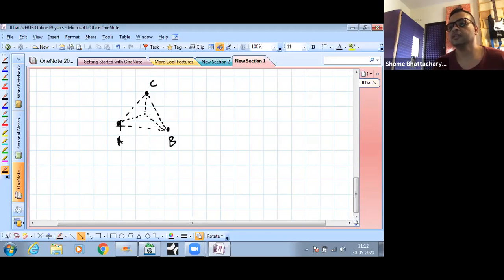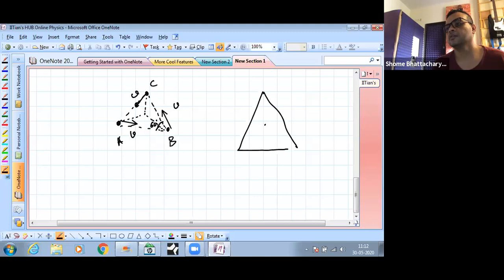Always A's velocity vector is towards B, B's velocity vector is towards C, such that this angle is always 60 degrees. C is towards A. And also, if you look at any one particle, its velocity vector is always at 30 degrees with respect to the origin.